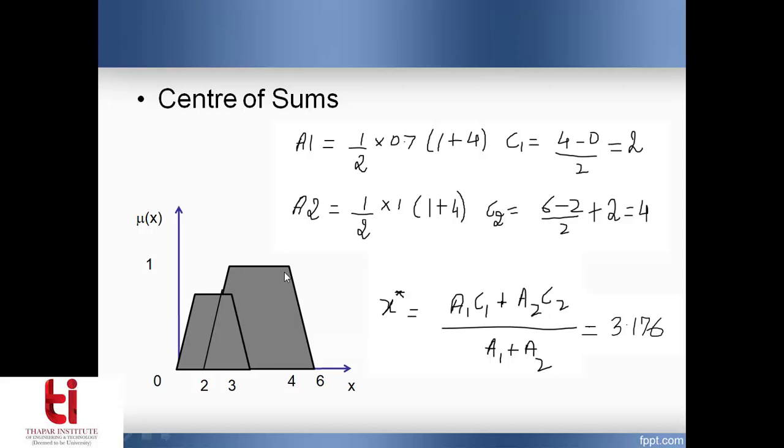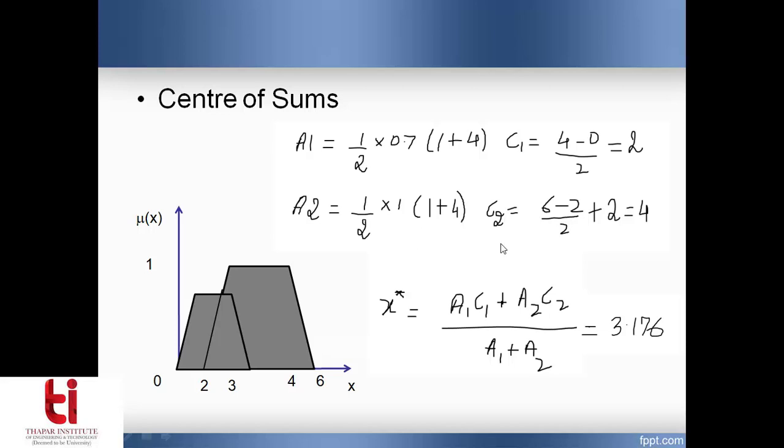Coming to this bigger set, here again, A2, the area is given by 1 by 2, the height of that is 1, into 1 plus 4. If I take the sides of this trapezoid, it is between 3 and 4, so that is going to be 1, and the other side, the base, is between 2 and 6, so the width comes out to be 4.